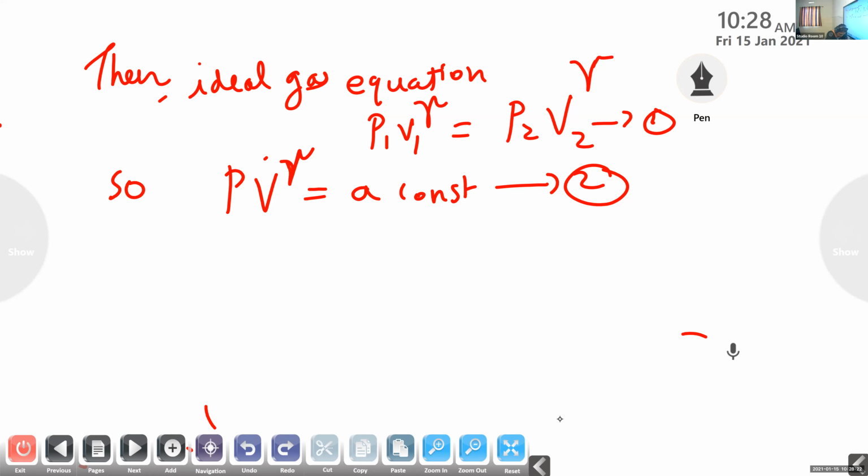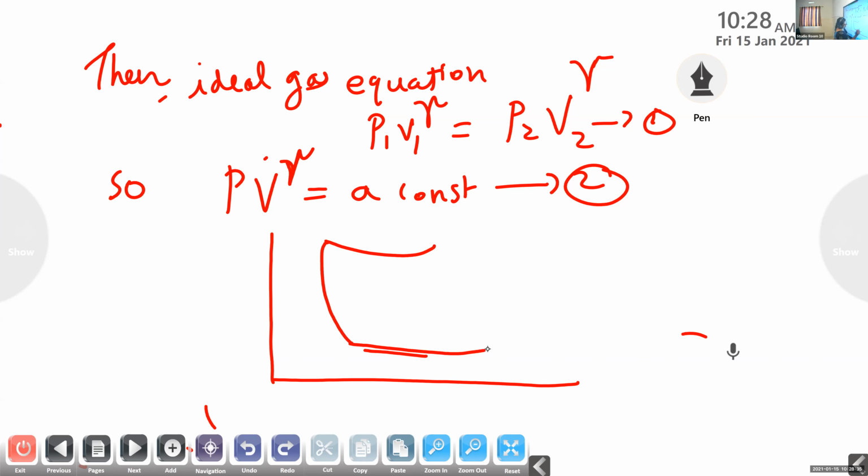Below that you can draw this figure to explain this. Yesterday I gave it to you in the textbook. This is the PV curves for isothermal and adiabatic process of an ideal gas.